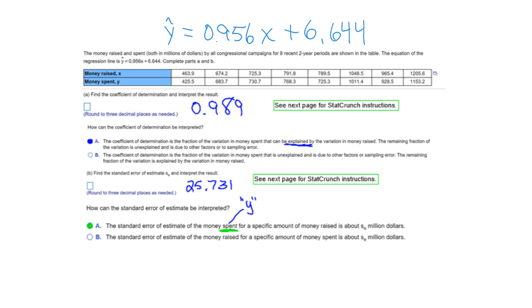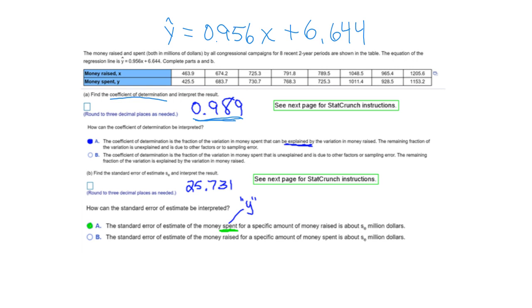The first thing it asks me for is the coefficient of determination. I'm going to show you on the next page what that looks like inside of StatCrunch, but right now let's just interpret what we were given. And so the coefficient of determination turns out to be 0.989. And so we're going to put that in the answer block, and then it's asked you to interpret it.